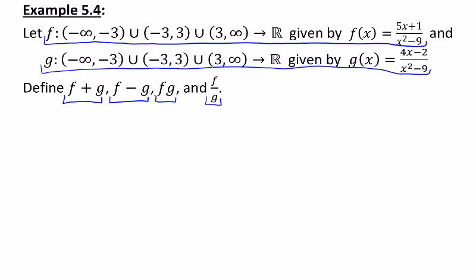So one of the things that I like about having this full function definition is that I automatically get the domain for free. What I'm circling there is the domain for f, and then what I'll circle now is the domain for g.